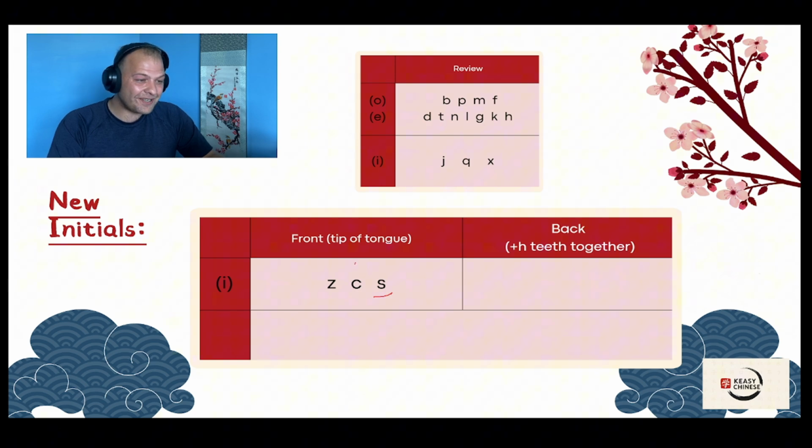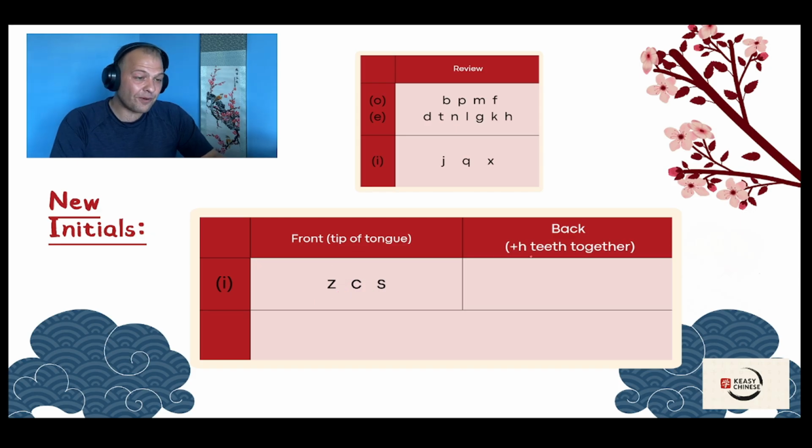I used to make a note next to the C of a little T and an S. It is very similar, c, c, c. And the Z sound is kind of similar to the S, z, z, z. Okay, I'll go through them one more time. Z, c, s. These three will need a little bit of practice.